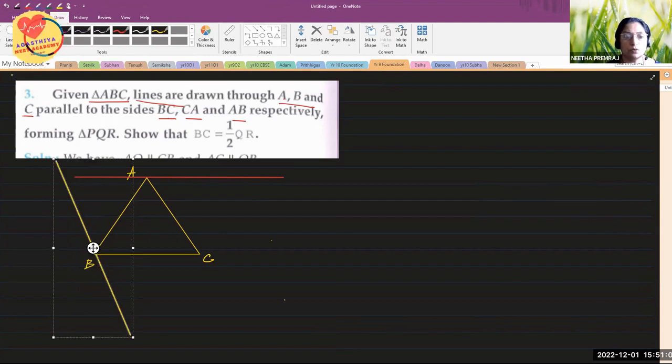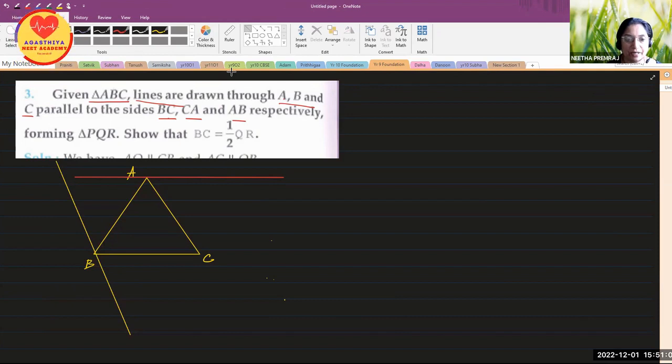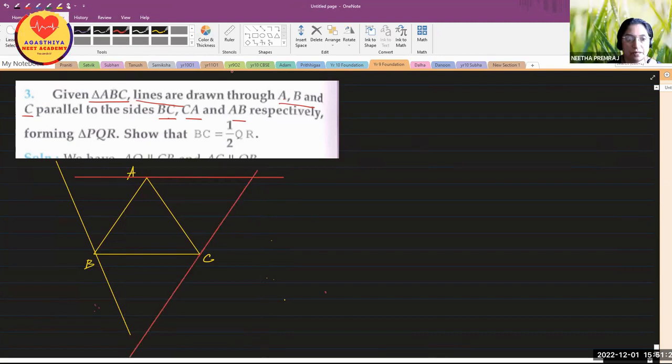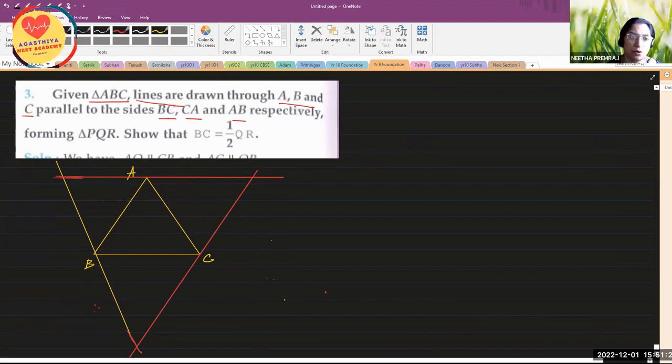And through C parallel to AB. Yes, exactly. You're right. So if you extend, it will frame another triangle. Yes. Now it makes PQR.